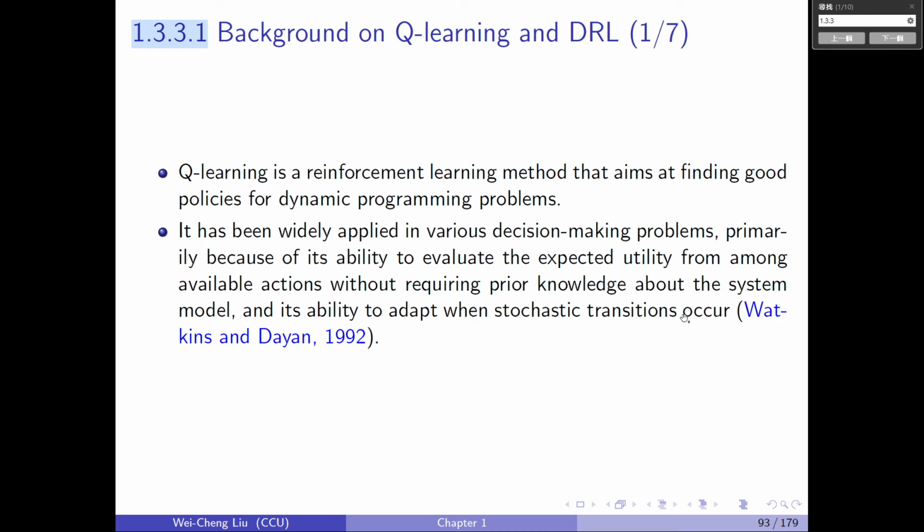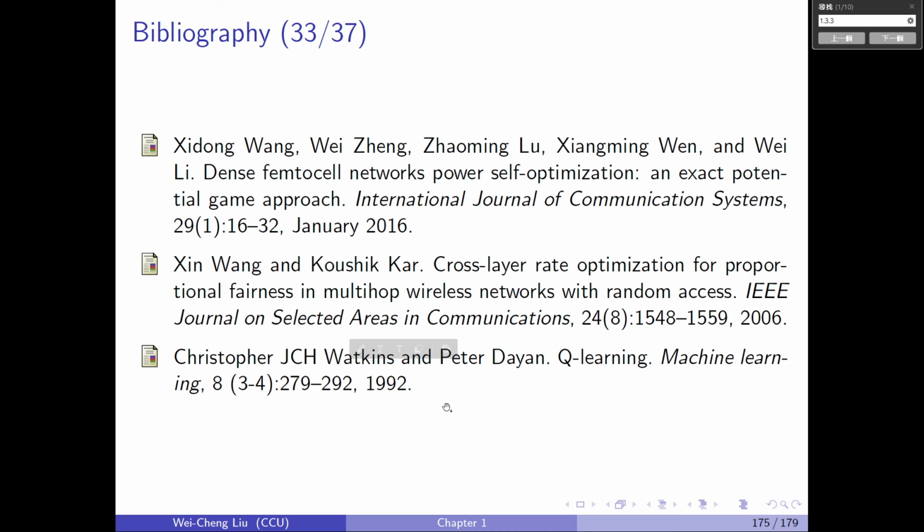Please see Watkins and Dayan in 1992. The paper title is Q-Learning, which was published in the journal Machine Learning in 1992.